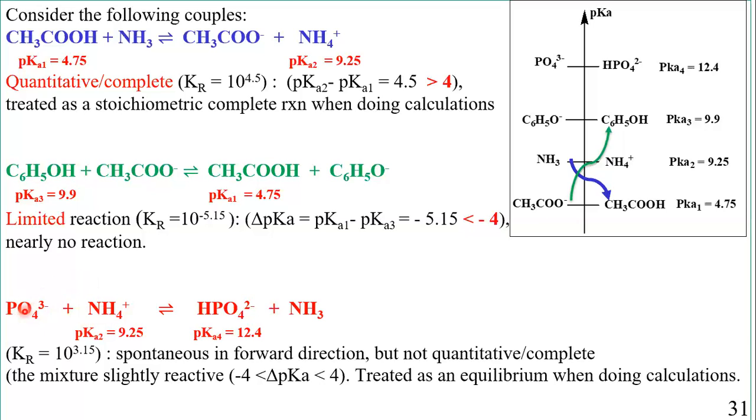So the ammonium is going to donate a proton to the PO4 3-. This becomes HPO4 2-, and I donated a proton, so the ammonium became ammonia. So already I got my equation here without actually putting it on a pKa scale.